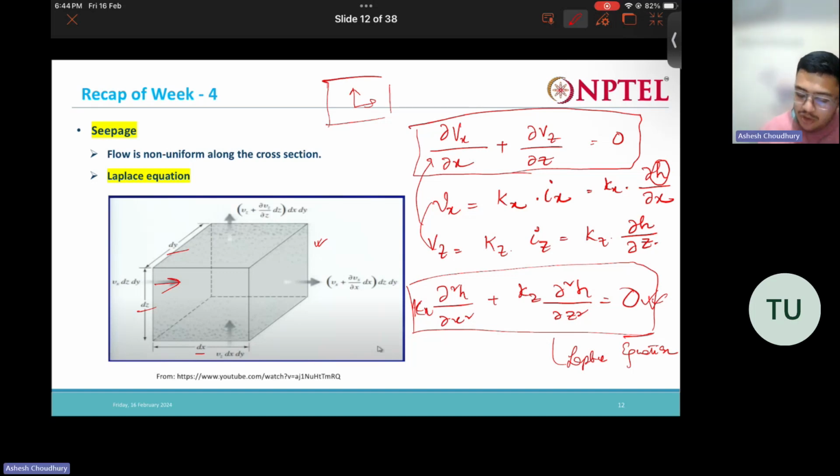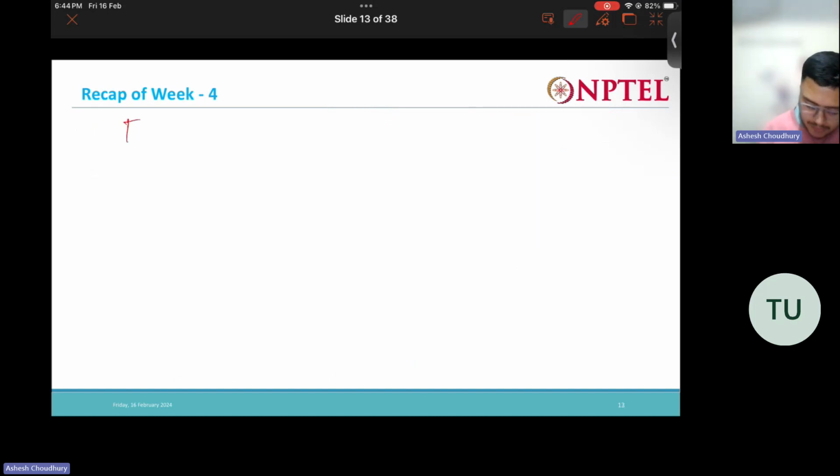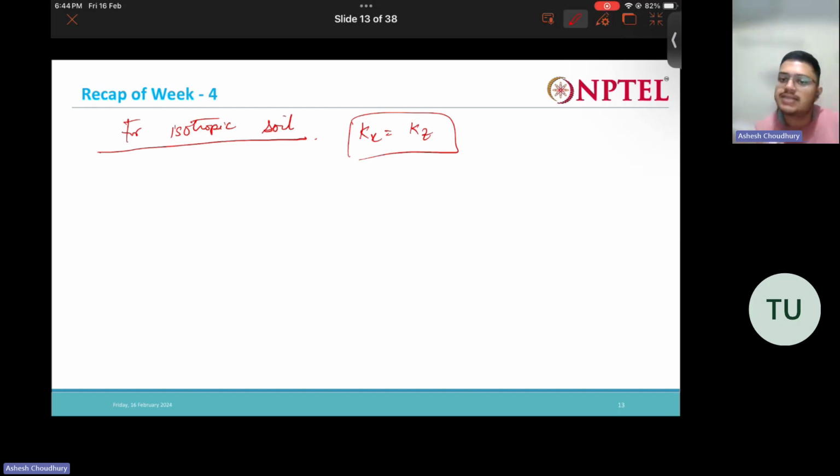Now for isotropic soil, Kx is equal to Kz. That is, the hydraulic conductivities in both x and z directions are going to be the same for isotropic soil.